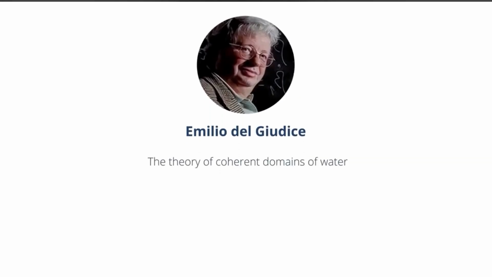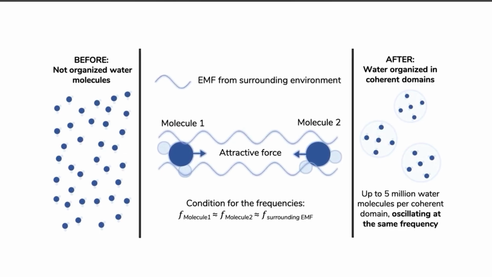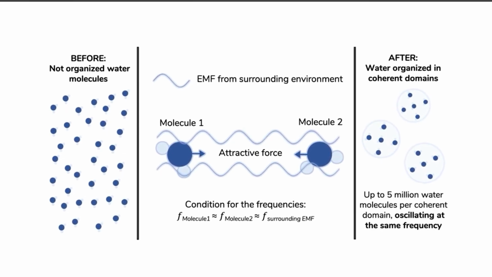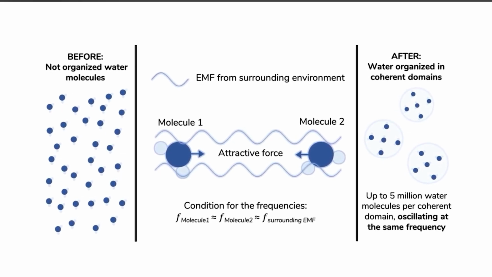The effects of electromagnetism on water is quite a discussion and a huge topic in the world of science as well, since this very field is still being researched to this day. An Italian group of researchers led by physicist Emilio Del Giudice developed the much discussed theory of coherent domains of water, according to which water molecules can combine to form cross-scale domains of coherent oscillations.